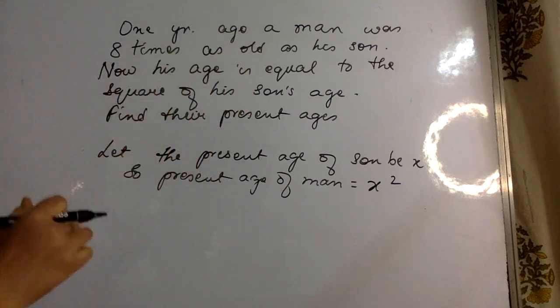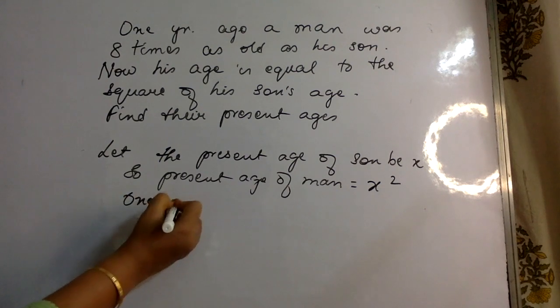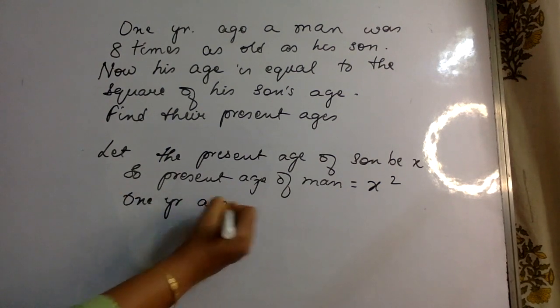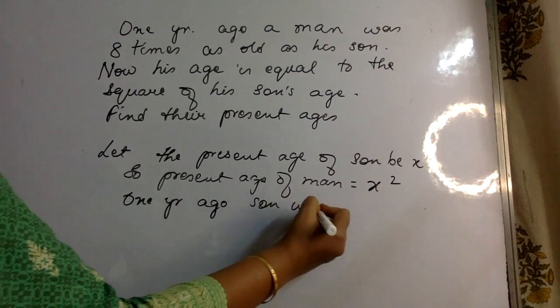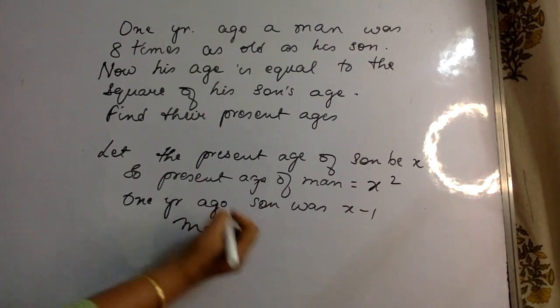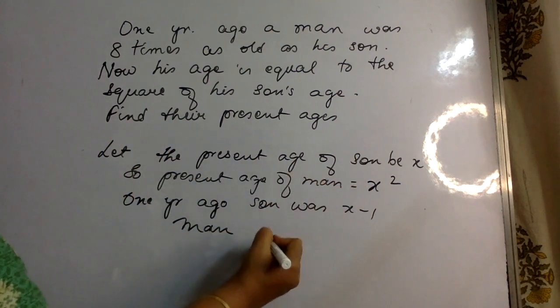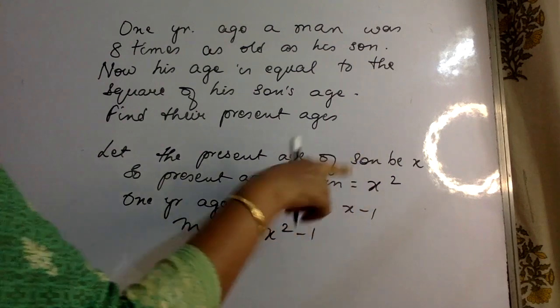One year ago, what was the picture? One year ago, the son was clearly x minus 1, and the man was x square minus 1 according to the present age.